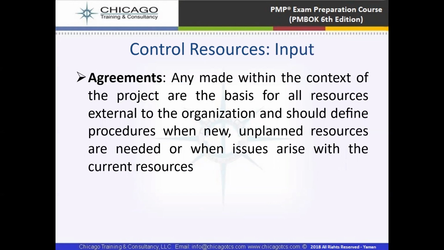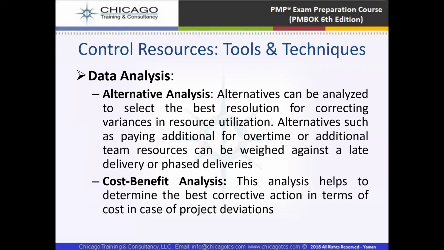The inputs to control resources include agreements. Any agreements made within the context of the project are the basis for all the resources external to the organization and should define procedures for when new unplanned resources are needed or when issues arise within the current resources. In tools and techniques, we have data analysis, such as alternative analysis and cost-benefit analysis.